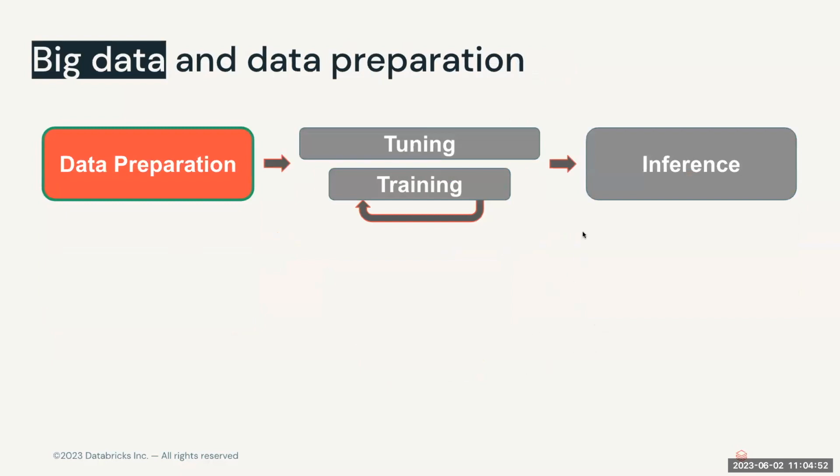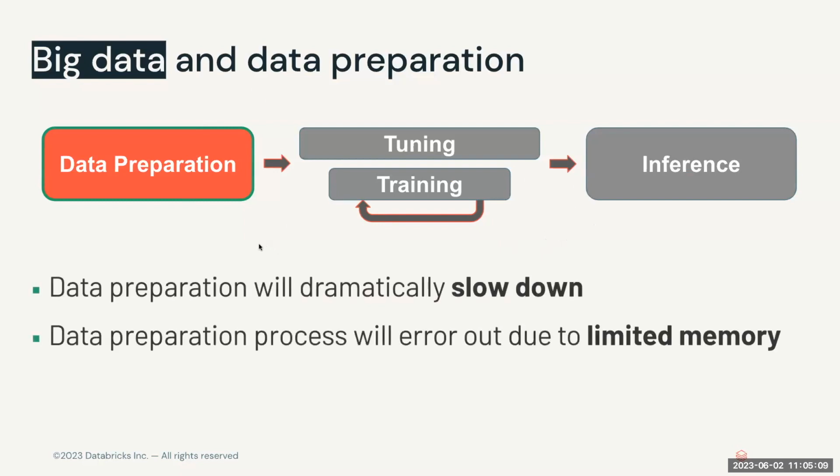So when we think about the challenges, this is fairly simple on smaller data sets if you run things locally, with Pandas and sklearn. But when you get to bigger data sets, it starts to become more challenging, and there are some intricacies to how we scale each of these steps to bigger data. Data preparation with bigger data can dramatically slow down and can even run into out-of-memory errors.